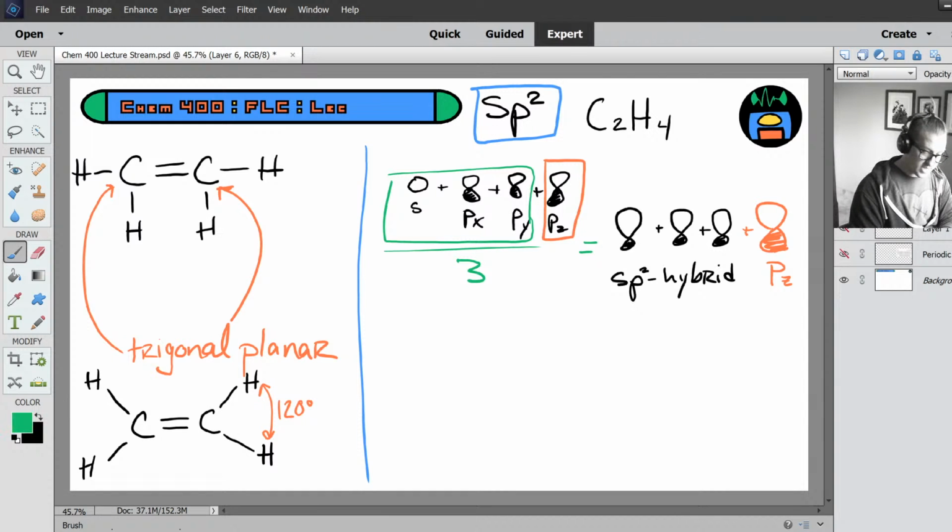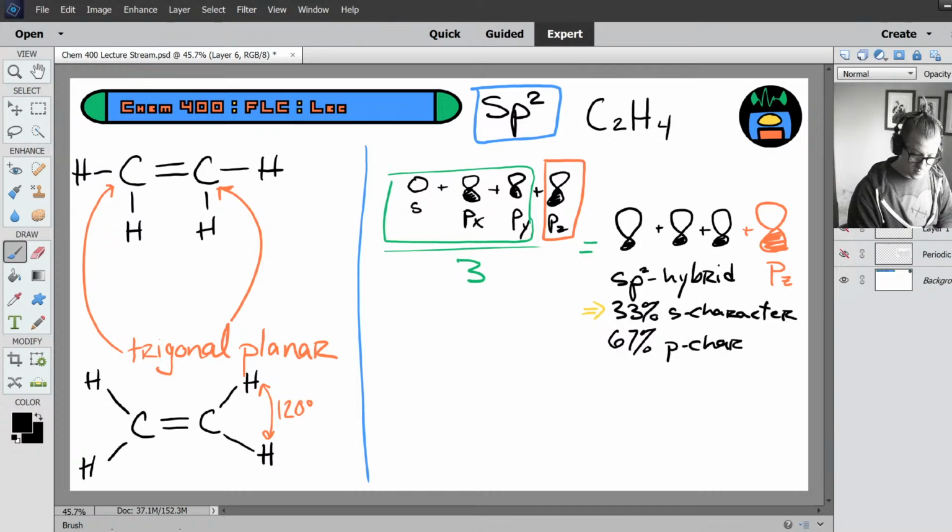All right. If we want to talk about s and p character, we would say, because it's 1/3 s and 2/3 p, that these hybrid orbitals have 33% s character and 67% p character. All right, those are the percentages.